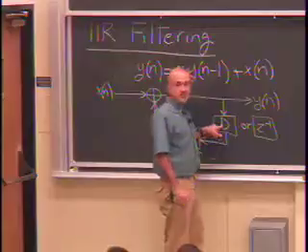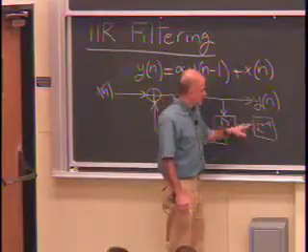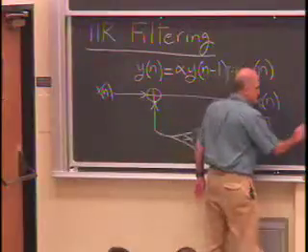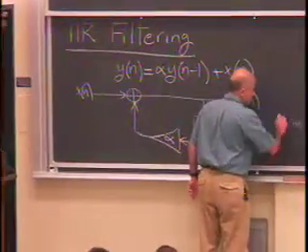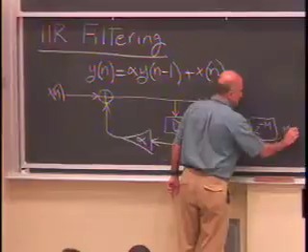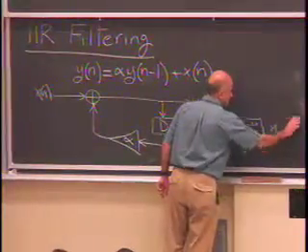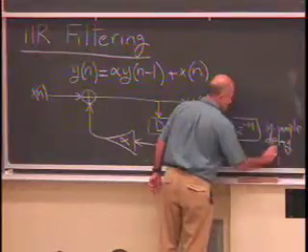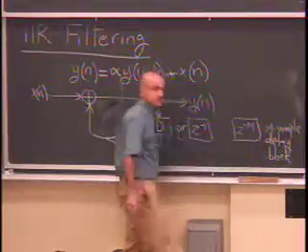A single D is a unit delay block. Z inverse is a unit delay block. Z to the minus M is an M sample delay block, where M is an integer.